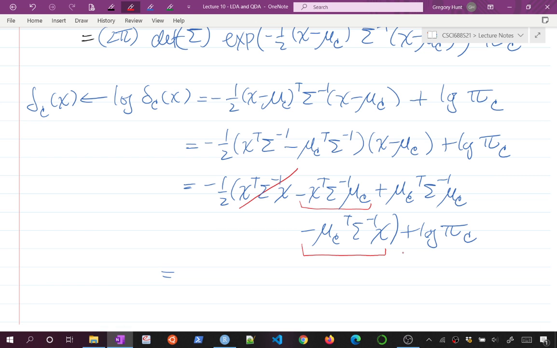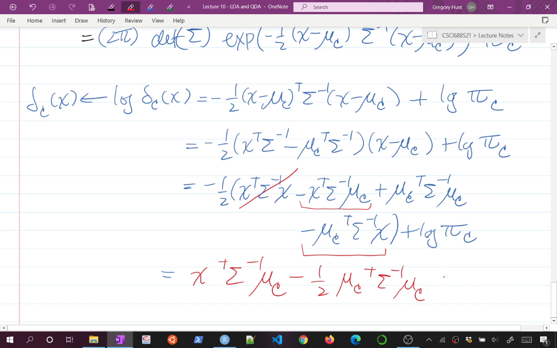If you work out the dimensions, they're just numbers. First of all, they're transposes of each other, so you could apply transpose to one and you get the other. And because they're numbers, the transpose of a number is just itself. So those are actually the same thing. And so with the -1/2, I get 2 of these, and both are minus, so I actually just end up with x transpose sigma inverse mu c, then a -1/2 mu c transpose sigma inverse mu c, and plus a log pi c.